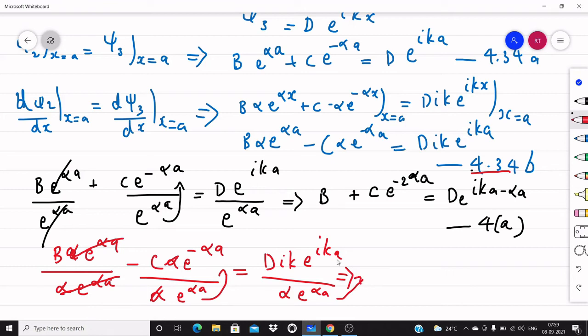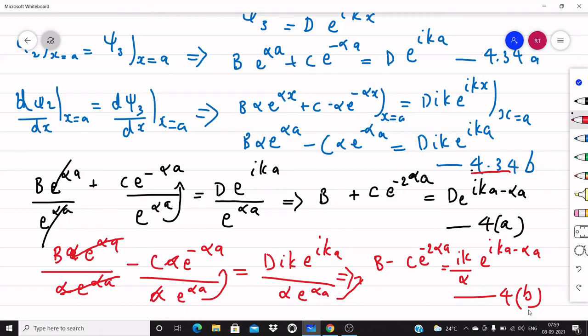Okay, so the equation becomes b minus c e raised to minus 2 alpha a is equal to i k by alpha e raised to i k a minus alpha a. So I am going to call this 4b.